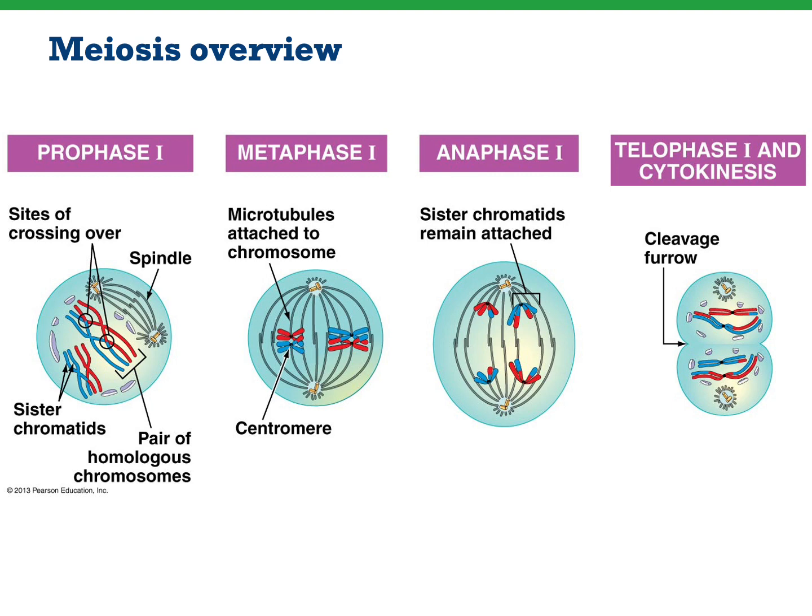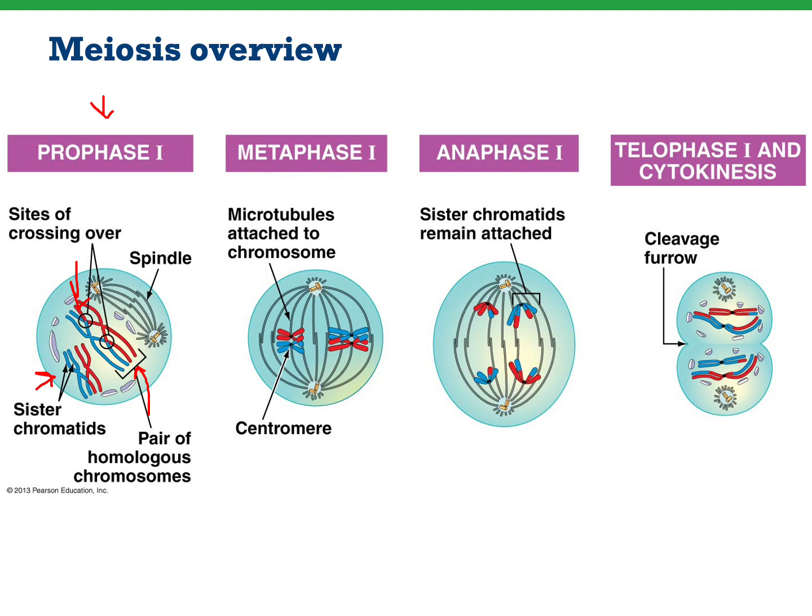So here is an overview of meiosis. During prophase 1, here you have the mitotic spindle, the sister chromatids, and the pair of homologous chromosomes. Also, you can see the sites where crossing over is occurring.